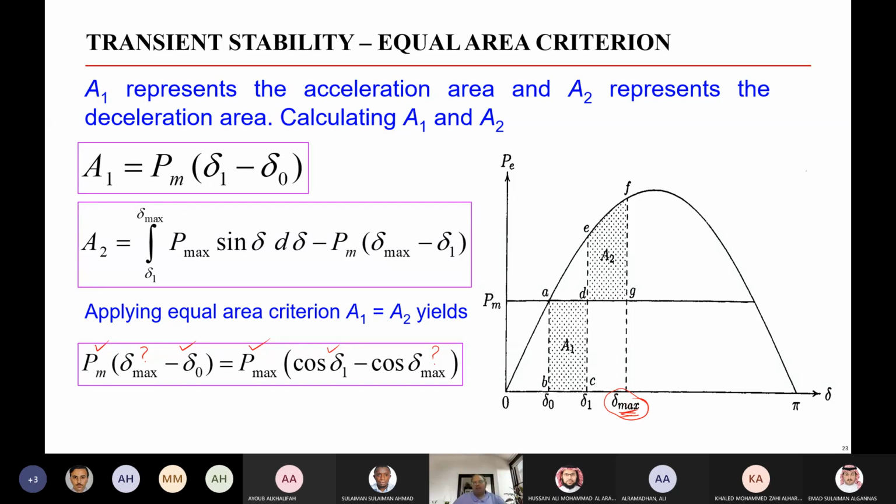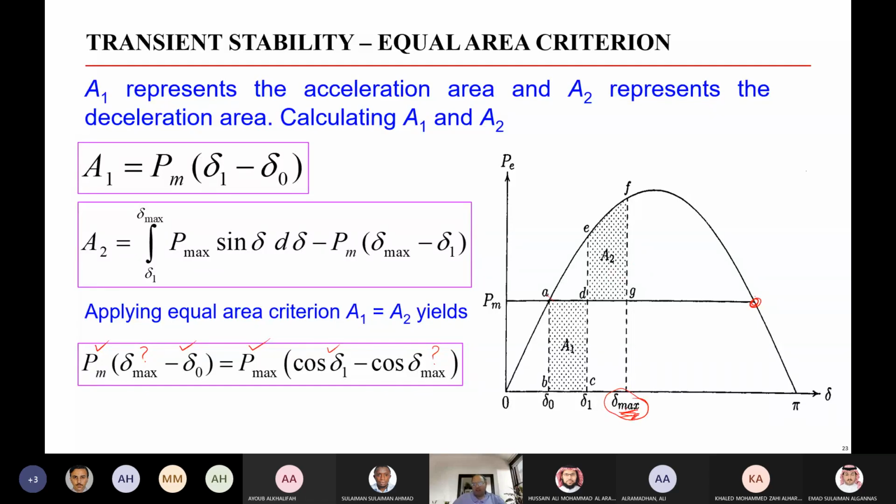That means when we exhaust all the deceleration area that we have. At this point. Okay? So if delta max is equal to this, which is 180 minus delta 0, we exhaust all the deceleration area that we have. And this is the critical clearing time.